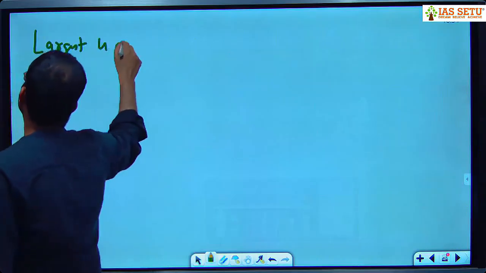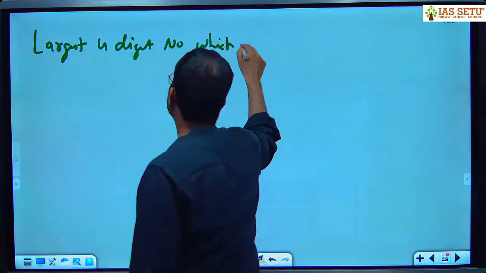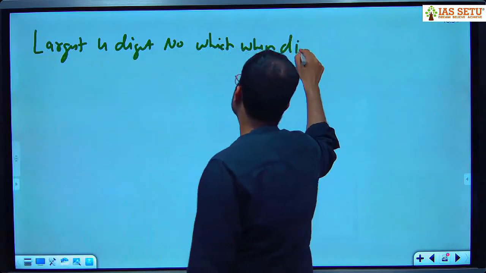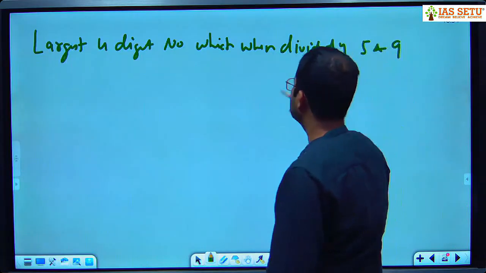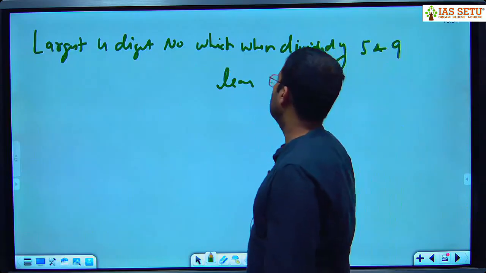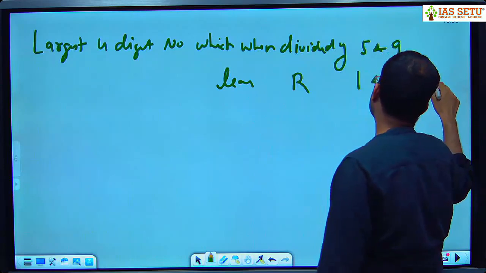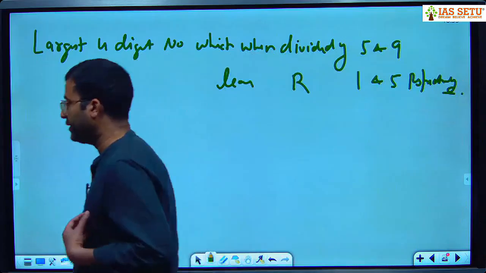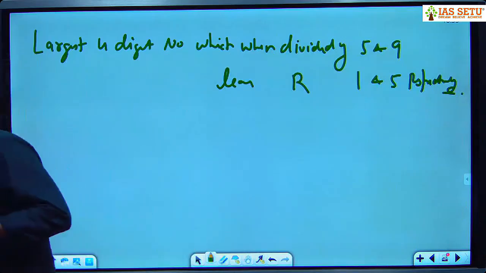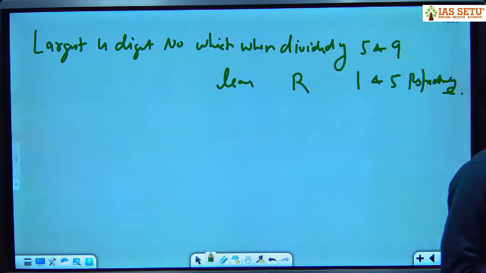Largest 4-digit number which when divided by 5 and 9 leaves remainder 1 and 5 respectively. When you divide by 5, remainder 1. When you divide by 9, remainder 5. Okay, try this question.